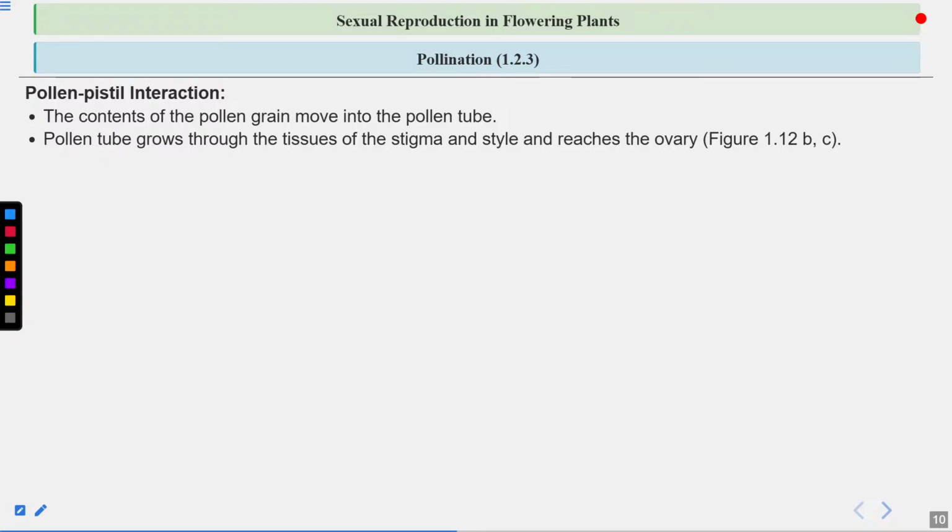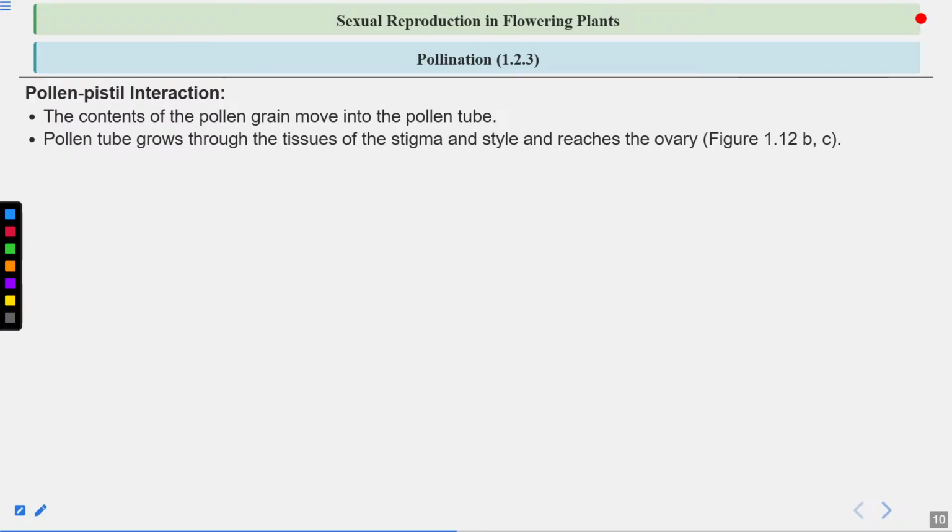In some plants, they do not allow germination. If somehow they get germinated, then the pollen tube growth will be stopped at the stigma, style, or ovary level. But if it is a compatible pollen grain and the pollen tube emerges, it will easily penetrate the tissue of the stigma, the tissue of the style, and the tissue of the ovary, and reach the ovule part, the embryo sac.